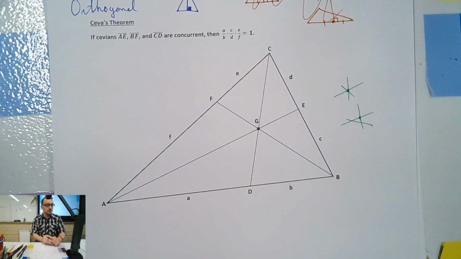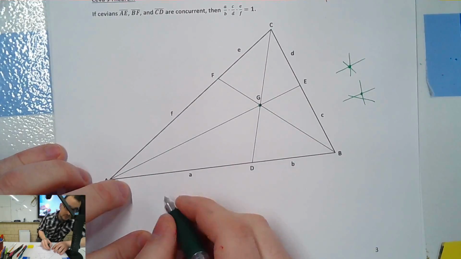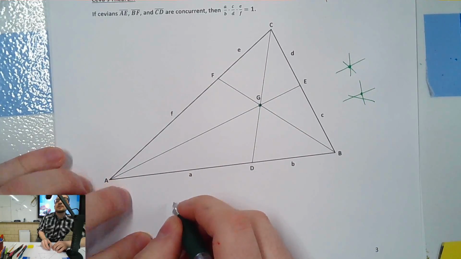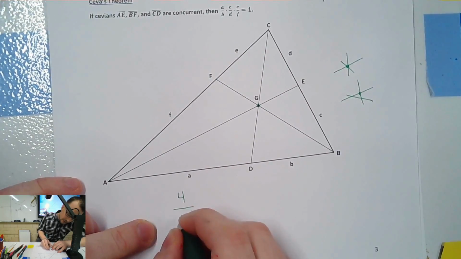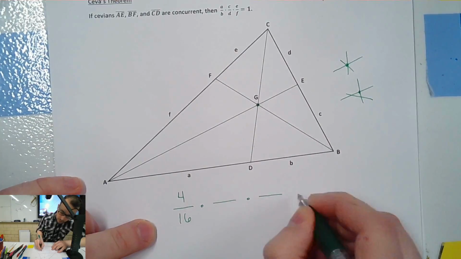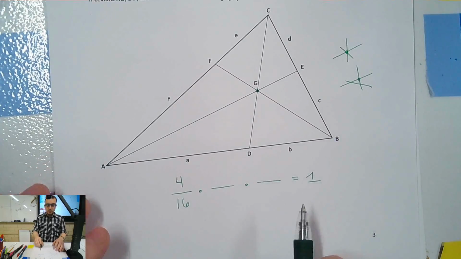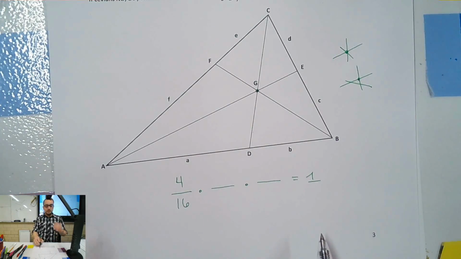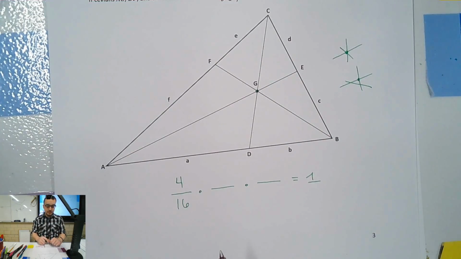Now let's think about what that means. Let's pick a number for A and B. Give me a number for A and B. Preferably even numbers. 4 and 16. Okay. Now we want to multiply that. Again, I'm just checking it with numbers, okay? Where it equals 1. Now, what would I have to multiply 4 over 16 by to get 1?